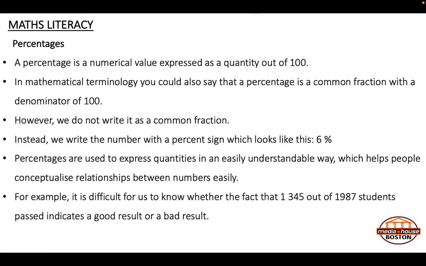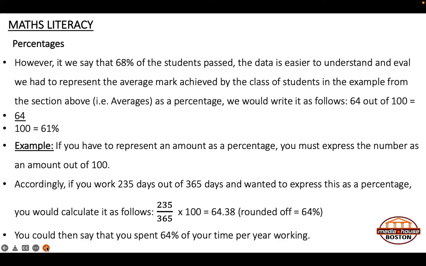So for example, it's difficult for us to know whether the fact that 1,345 out of 1,987 students passed is a good thing or a bad result. We really have no idea. But if we put it into a percentage form, it makes it easier for us to understand.